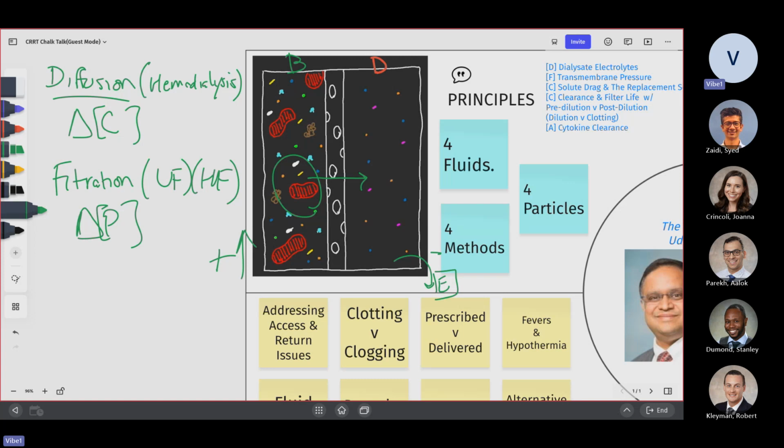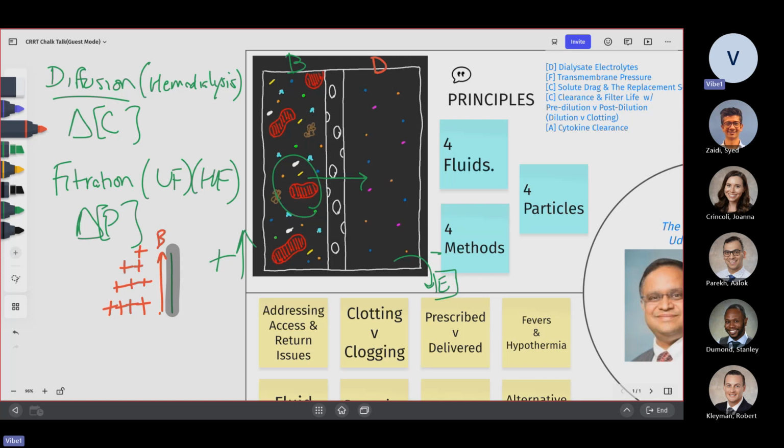What's important here is that this is running counter current. Here you have your semi-permeable membrane, and you're going to have blood run in one direction. Initially your blood has a higher concentration, and as you keep filtering the blood this way, your concentration is going to decrease.